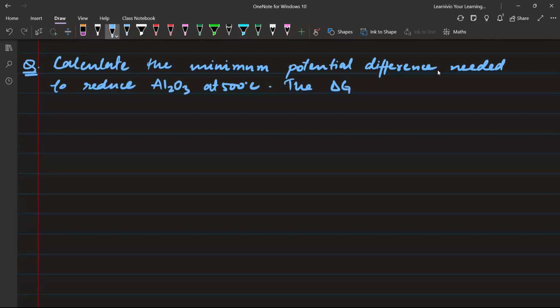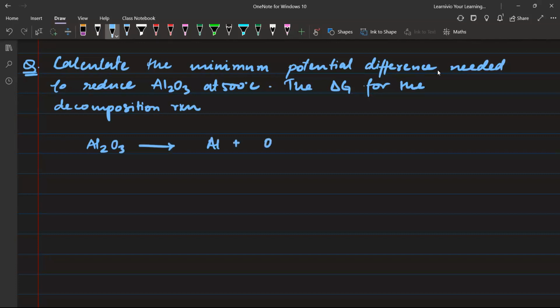The delta G for the decomposition reaction of Al2O3 to aluminium plus O2.